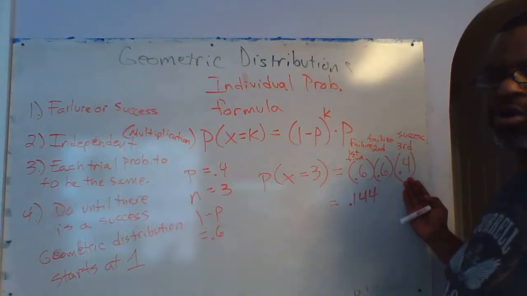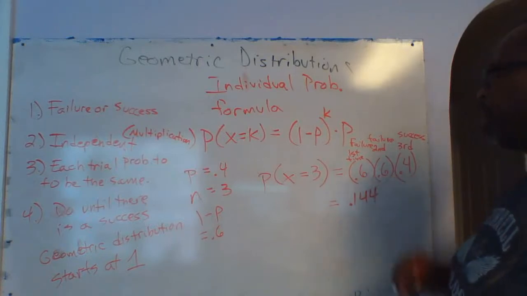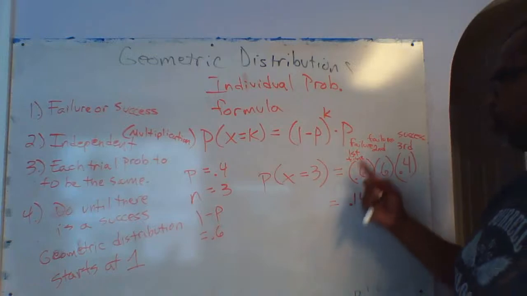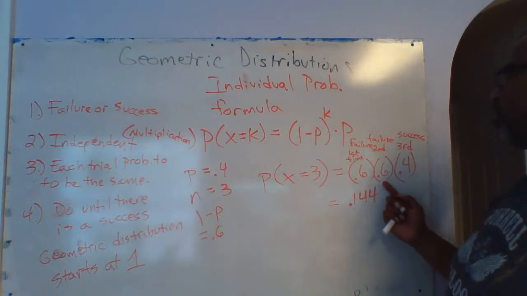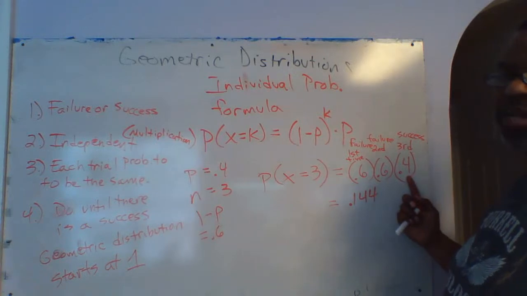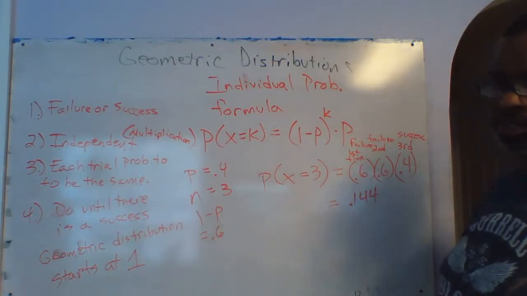Since they're independent of each other, you're going to multiply the probability assigned to each outcome. The first time you try it, you're going to fail. The second time, you're going to fail. Then you say, I'm going to try it that third time and have a success. Since they're independent, you're going to multiply each probability.